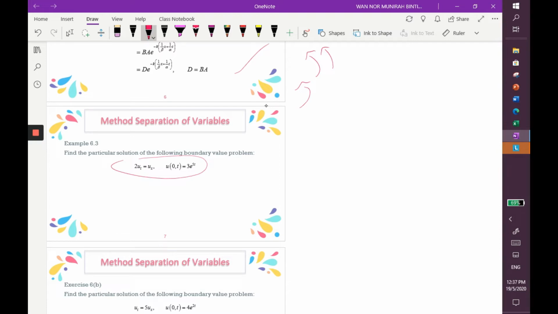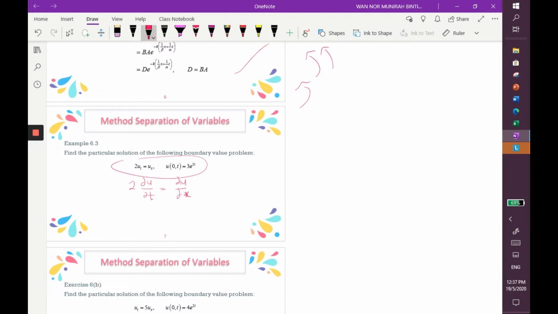Now look. You have 2u sub t equals u sub x. This is 2 del u del t equals del u del x. This equation is a PDE because you have del, and u sub t, u sub x represent your partial derivatives, so this is called a partial differential equation.